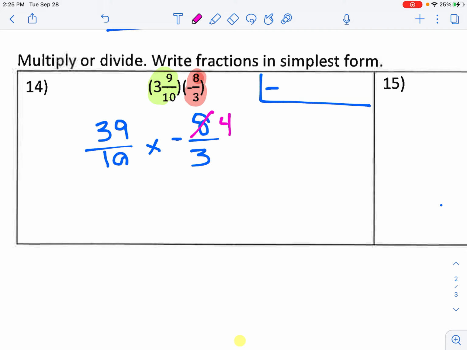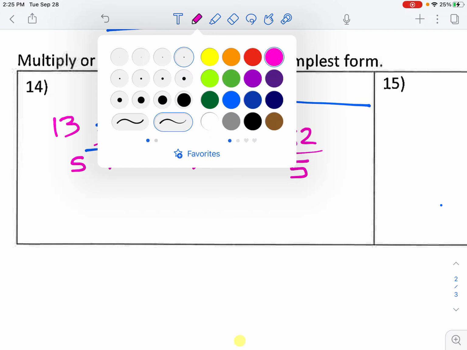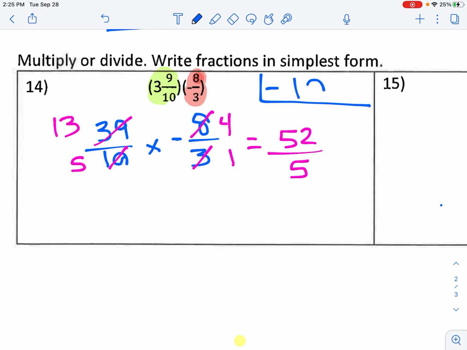Divide by 2, divide by 2, divide by 3, divide by 3. 13 times 4 is 52. 1 times 5 is 5. 52 divided by 5 is 10 2/5. So negative 10 2/5 would be your final answer.